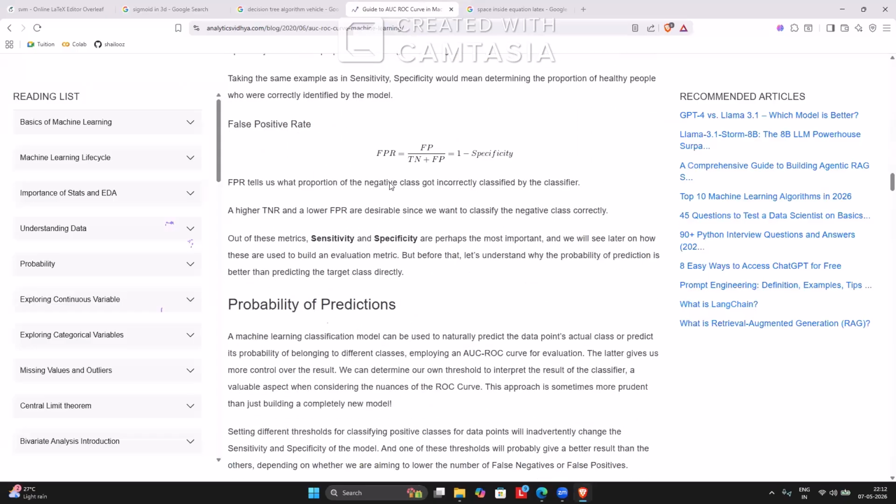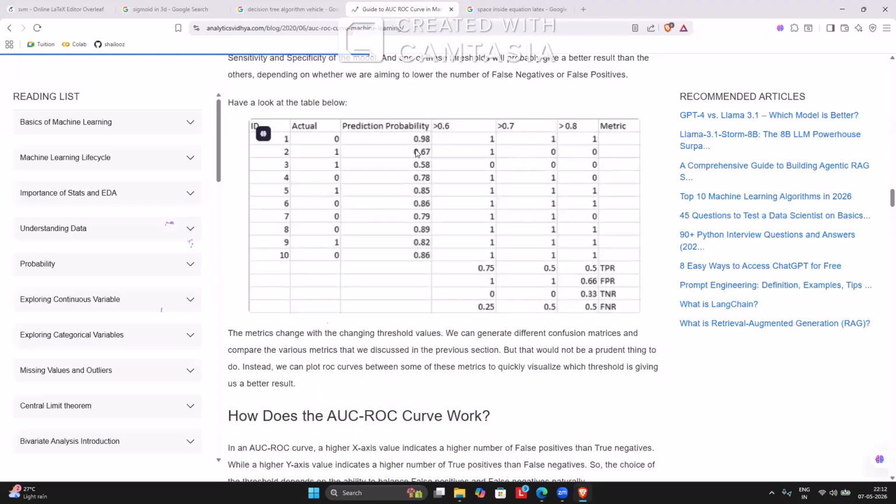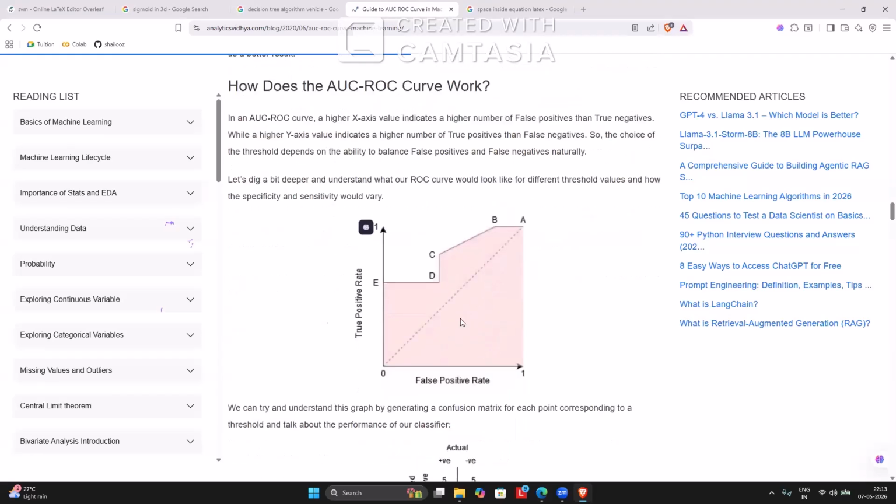This is the actual class, and these are the prediction probabilities. First, we will consider 0.6 as a threshold. Then we will consider 0.7 as a threshold. Then we will consider 0.8 as a threshold. Each time, you will calculate the TPR and FPR. Is that clear? Yes, sir. Then this will be plotted like this.